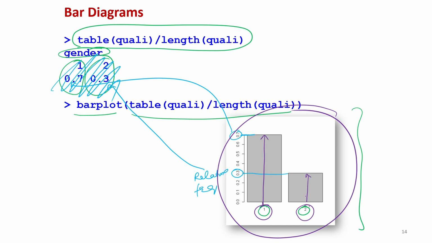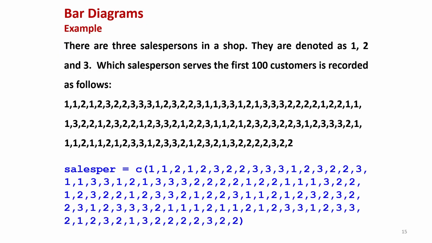So this indicates that 70% of observations belong to category 1 and 30% belong to category 2. This is the same information which was obtained by the frequency table, and the same information is now obtained by the graphics.